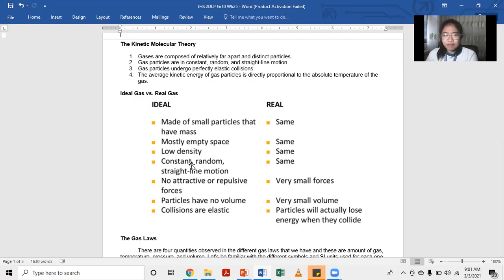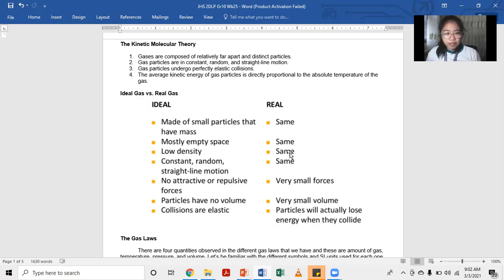Okay? So, kailan nga ba tayo nagkakaroon ng ideal gas? Kapag meron tayong ideal na conditions. Pero ayun nga, dahil mahirap tayo magkaroon ng ideal conditions, mostly meron tayo yung real gas. So, sa real gas naman, they have very small forces of attraction. Di ba nga, nasabi ko kanina na in gases, there are relatively weak intermolecular attractive forces.